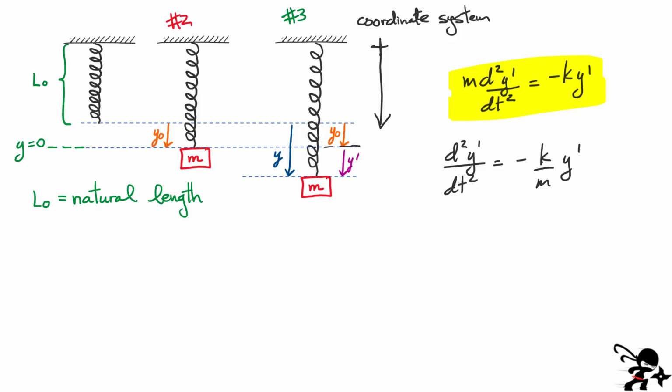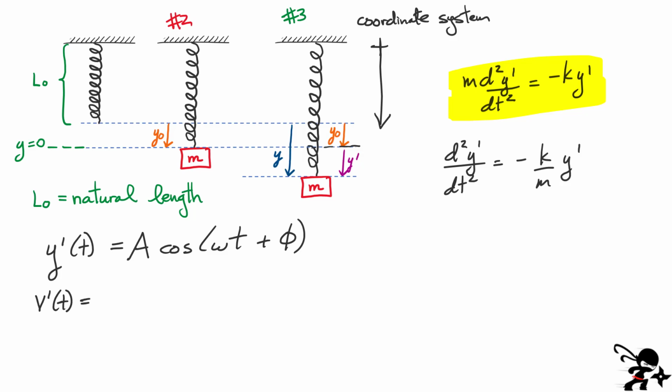All right, the solution to this, and something you can try, is, again, we're just going to use the exact same type of solution I used for the horizontal spring and mass. So I had an amplitude, and we had cos of omega t plus some phase angle. Now, if I release it from rest, you're going to find that this phase angle goes to 0, okay? But that's okay. Now, if you wanted to find the speed in the vertical direction, all you have to do then is take the first derivative of this with respect to time.